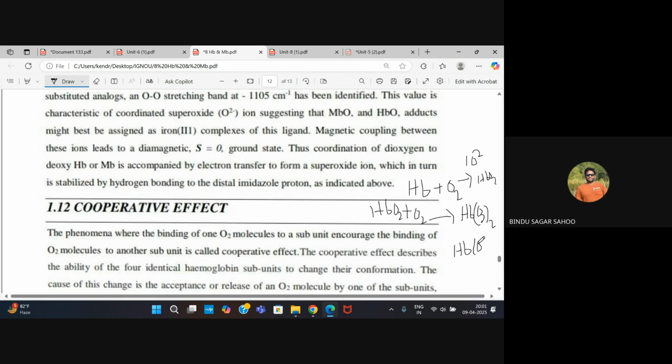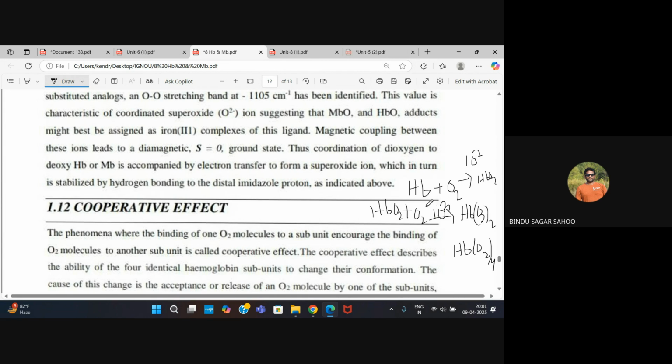Up to Hb(O2)4. In the first case, suppose the rate constant is 10 to the power 2, and in the second case the rate of reaction will be more. It can be 10 to the power 3 or 10 to the power 4. That means one binding of oxygen makes a favorable condition to bind another oxygen.